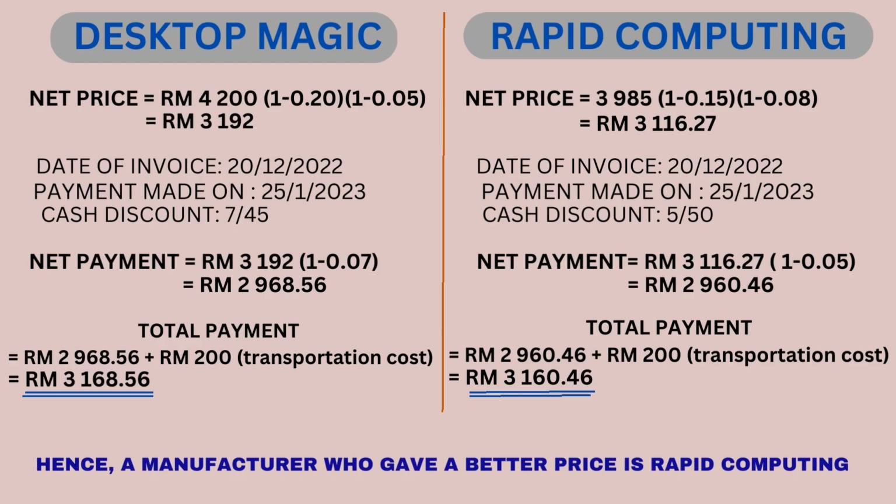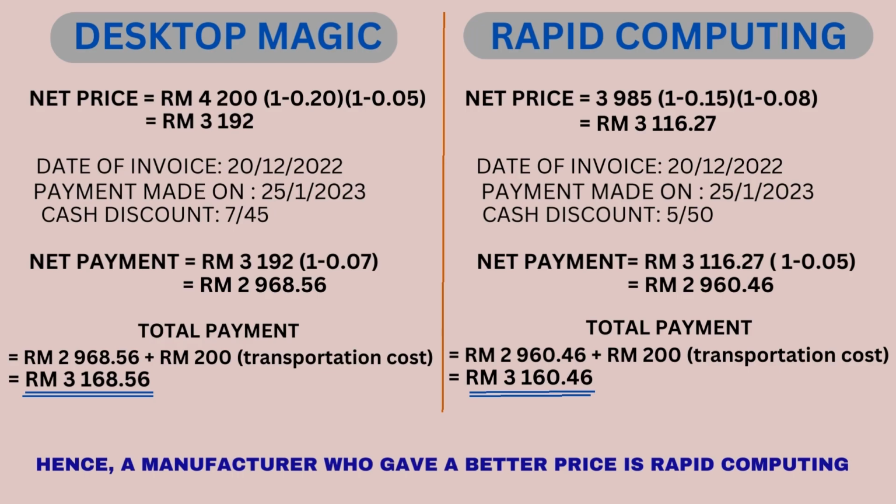Okay, next. Since the hardware crew made the payment on 25th January, they get 7% cash discount from Desktop Magic and 5% from Rapid Computing. Let us continue and find the answer for the net payment. The net payment for Desktop Magic is 3,192 ringgit multiply 1 minus 0.07, and the answer is 2,968 ringgit 56 cents.